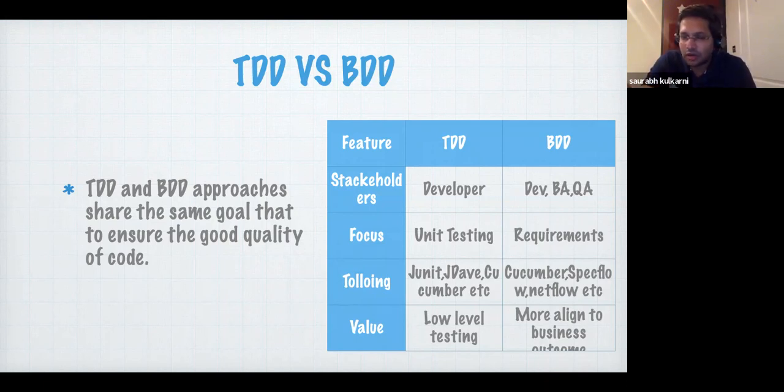If you see the stakeholders, for TDD only one stakeholder is there, which is the developer. For BDD, there are multiple stakeholders, which are developers, BAs, and QAs.